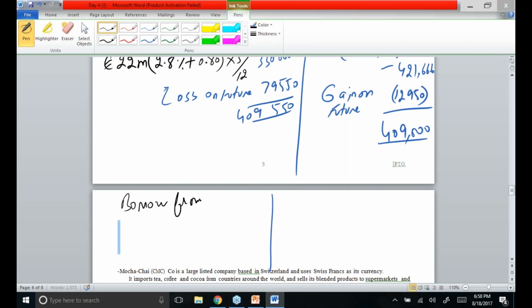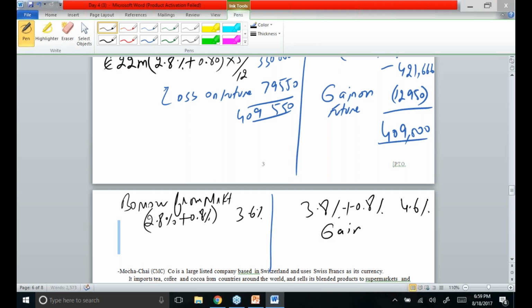Borrow from market. I'm writing in a short form. You will borrow from market at 2.8 plus 0.8, that is 3.6. In this scenario, you will borrow at 3.8 plus 0.8, that is 4.6. And here you will adjust the gain, and here you will adjust the loss.